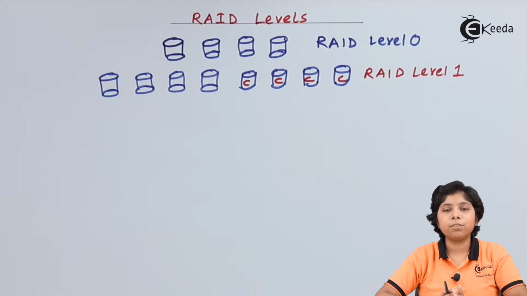RAID level 2 uses the memory system's error-correcting code scheme. In this scheme, the memory system checks for any error using a single bit for every byte of the data or block within a disk. That bit is known as a parity bit.